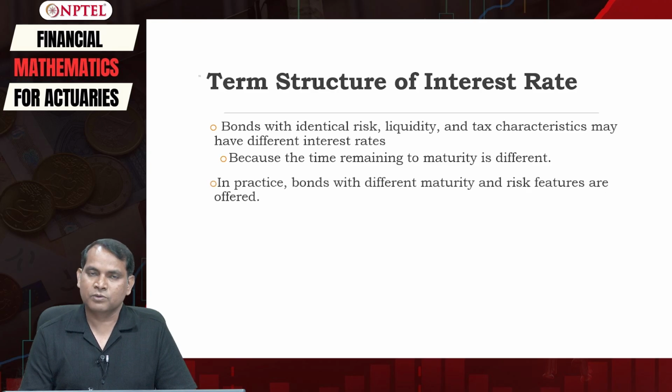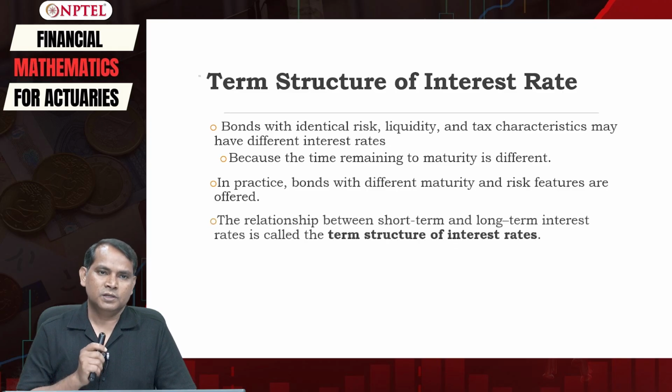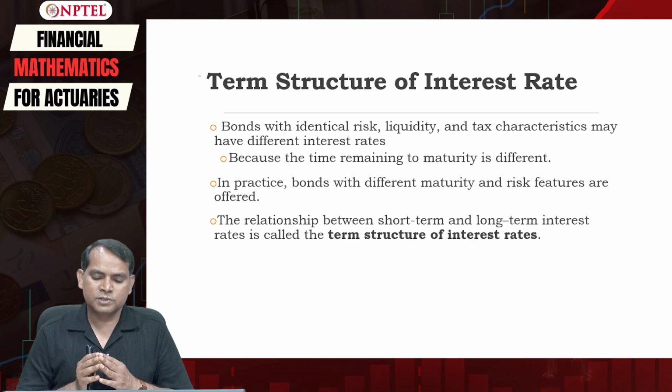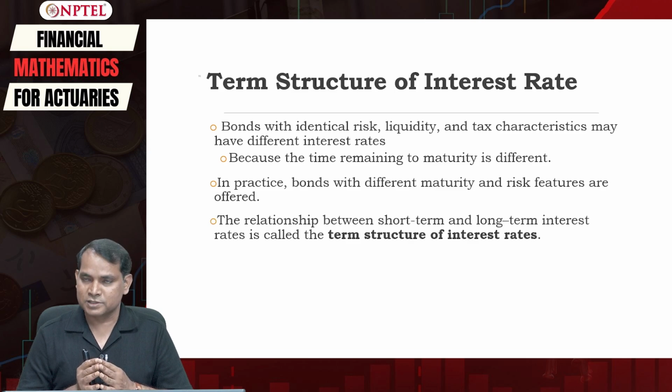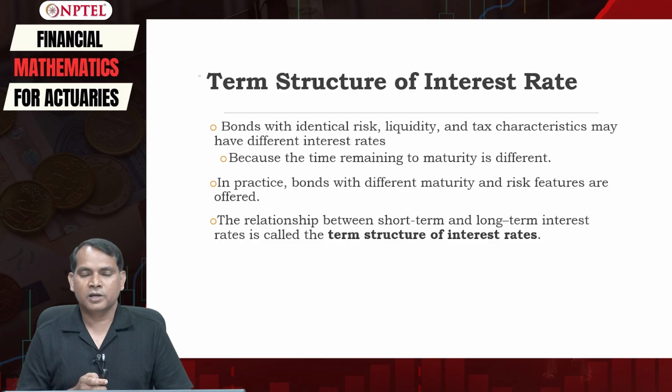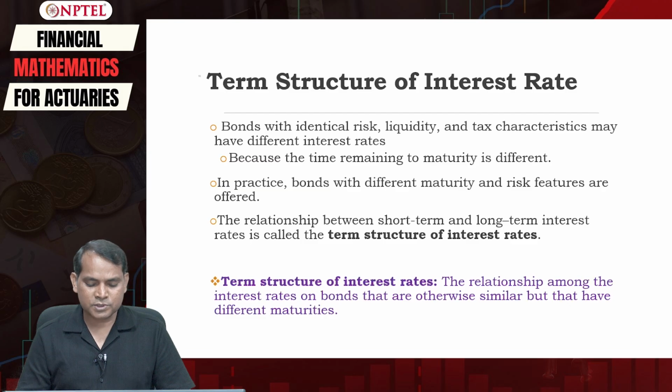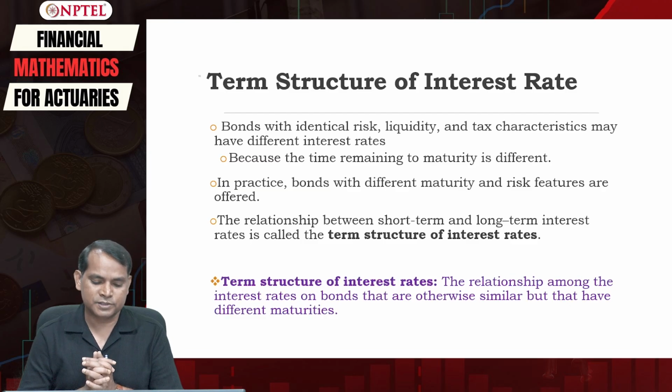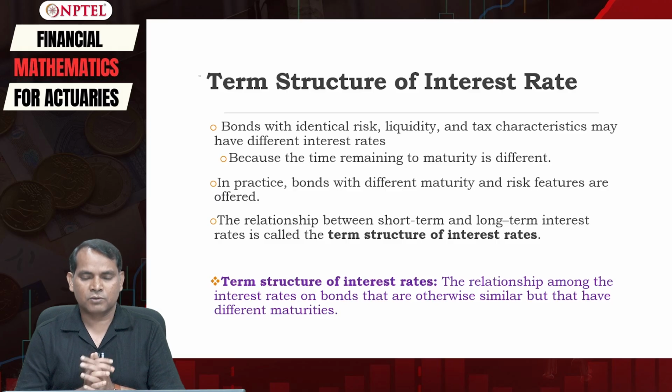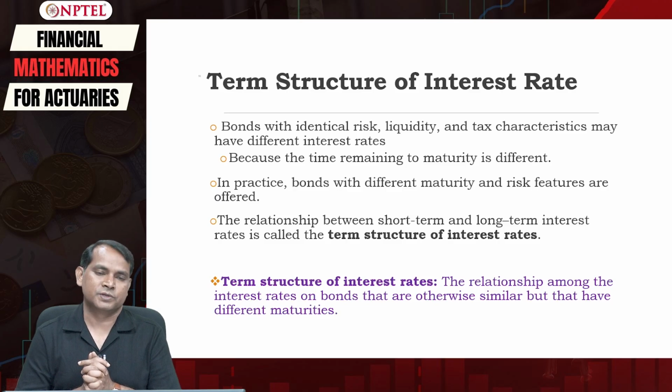In practice, therefore, bonds with different maturities and risk features are offered. The relationship between the short term and the long term interest rate is basically known as the term structure of interest rate. Technically defined, the term structure of interest rate is the relationship among the interest rates of bonds that are otherwise similar but have different maturities.